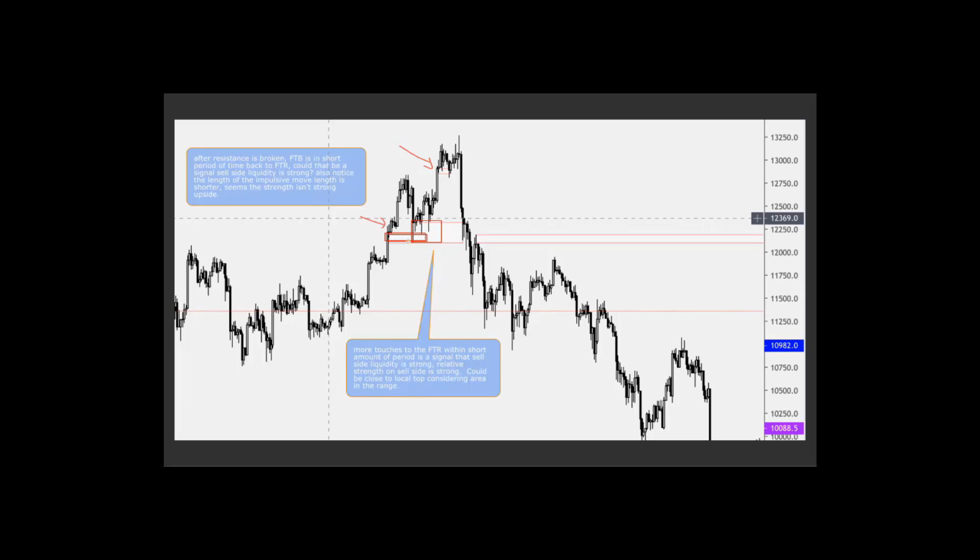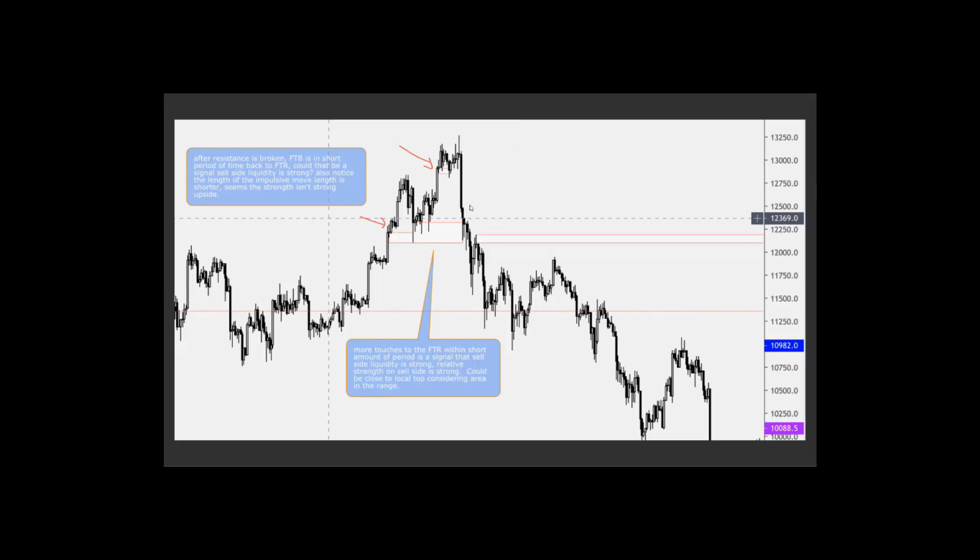And it's tested 3 times in quick succession here, which is not to say that price couldn't just carry on up for a long time, but what it does tell you is that this area is very unlikely to hold if price does come back to it after having picked up sellers up here. So it doesn't have a very good chance of holding.